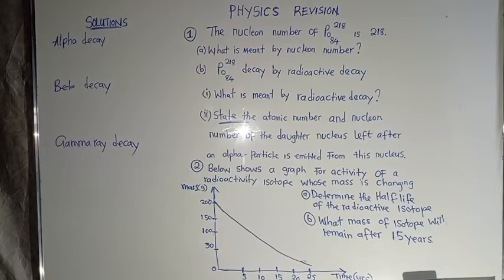These are the radioactive decays that you are supposed to know. This is what you need to know and understand. I think this is clear, and I believe we are able to see.